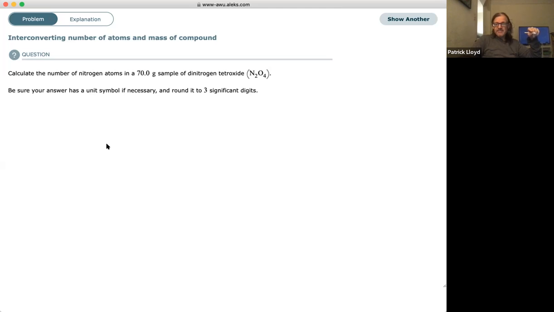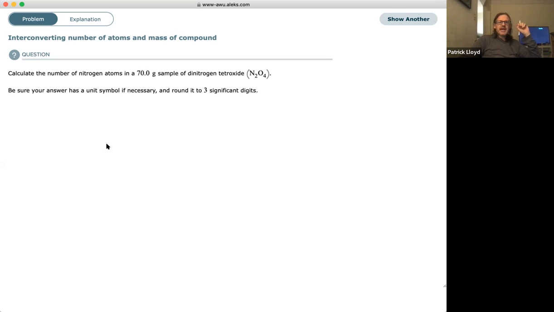Penta is 5, like pentagon. Hexa, hexagon is 6. Hepta is 7. Octa, Doc Ock from Spider-Man, 8, right? Octa is 8. Nona is 9, and then deca is 10. So dinitrogen tetroxide is N2O4.